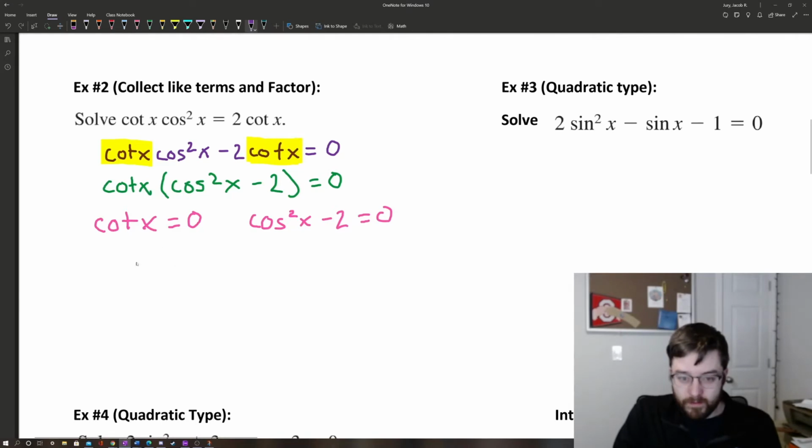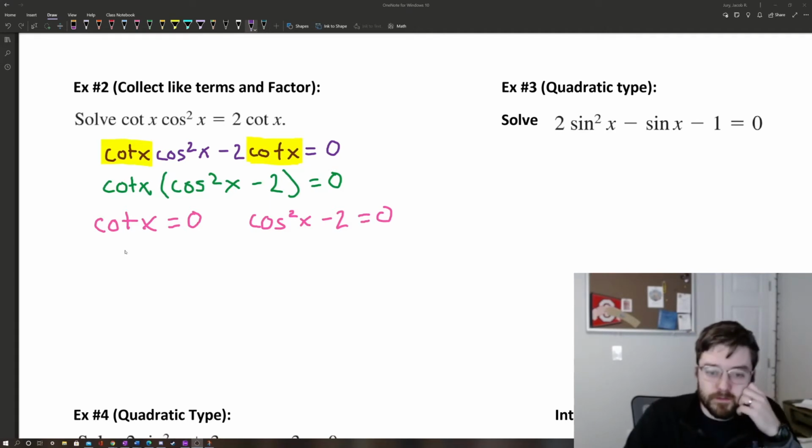So if I'm going to solve cotangent x for 0, I've got to go look on my unit circle. I can do that. And we will do that, but there's a little bit more I've got to do for this other equation. What I'm going to do first is I'll go ahead and solve cotangent x equals 0, and then we'll start on the second one there.